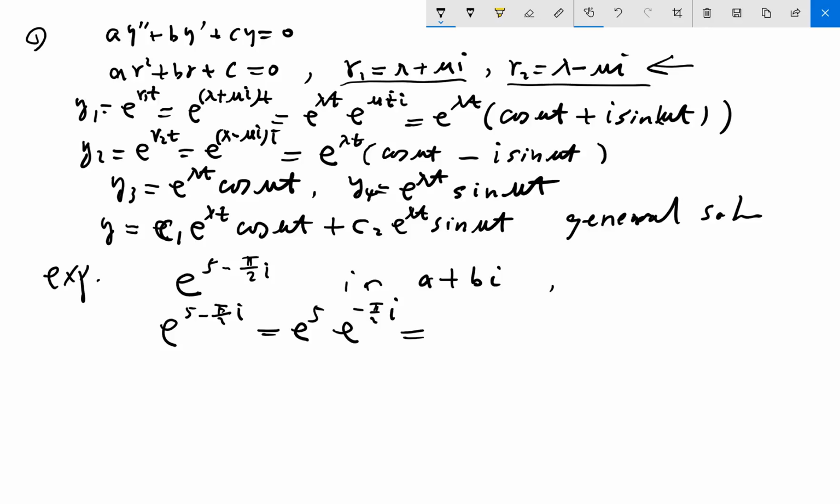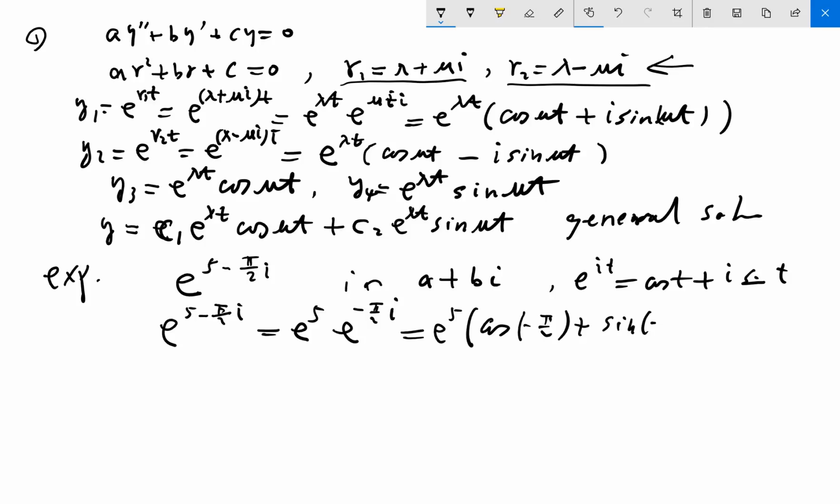Use Euler's formula. Let me write here: e to the ti equals cosine t plus i sine t. So t here is negative pi over 2. We get e to the 5 times cosine negative pi over 2 plus sine negative pi over 2 i.